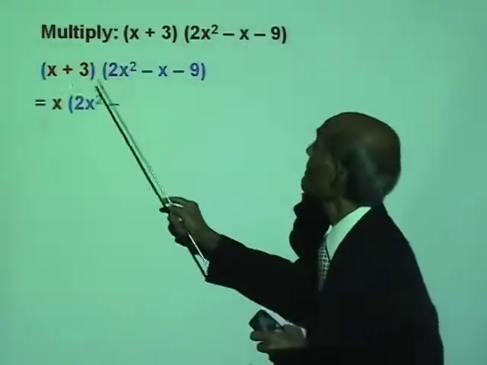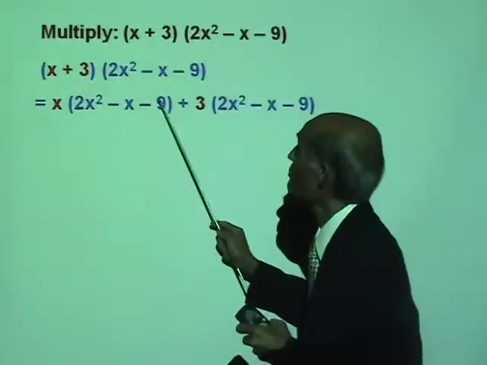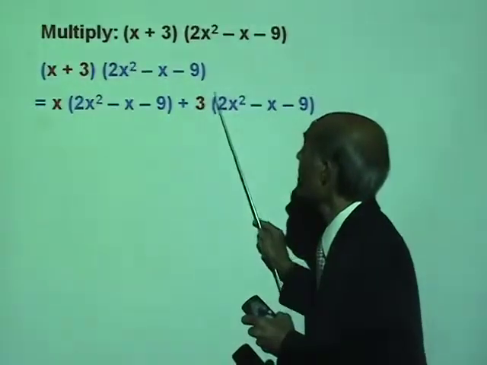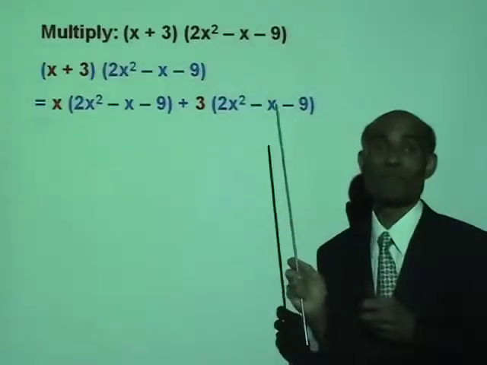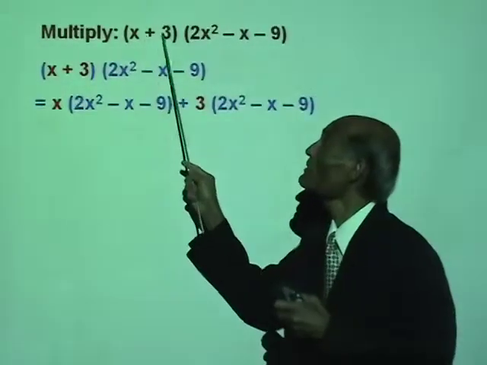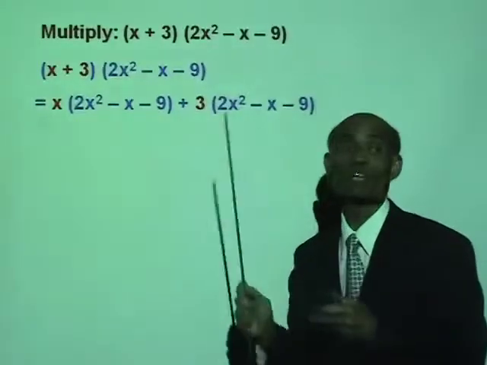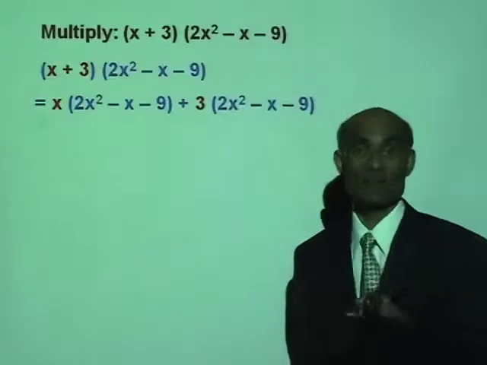So that will be x times 2x squared minus x minus 9, plus 3 times 2x squared minus x minus 9. Each term in the binomial is multiplied by the quantity 2x squared minus x minus 9.